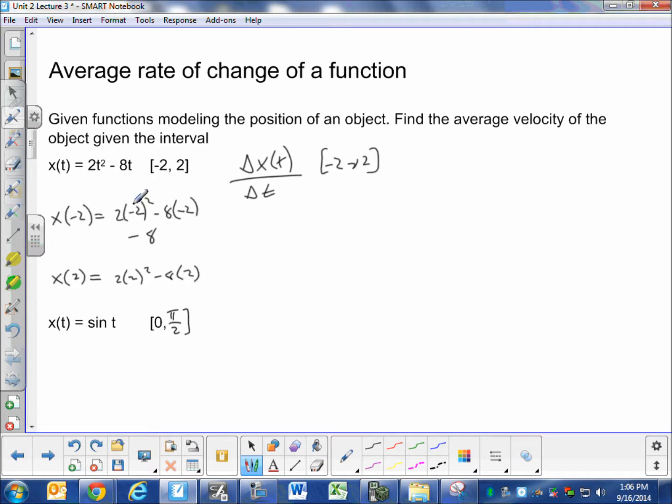Sorry, I made a mistake. This is 8 plus 16. This is 24. This is 8 minus 16. This is -8. So once I found those values, I literally just plug into my slope equation, x of b minus x of a over b minus a.